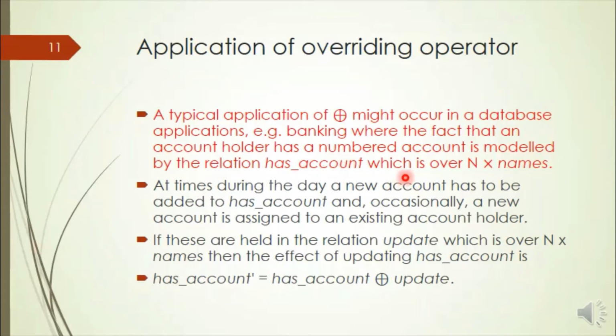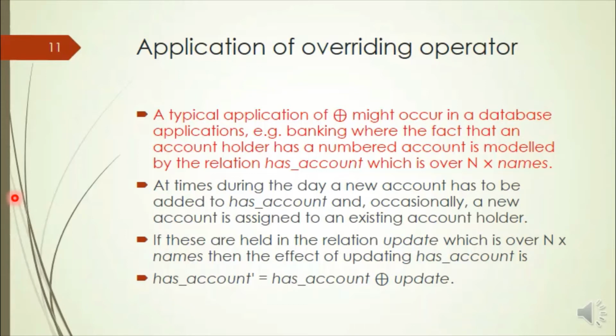The first attribute is a non-negative integer and the second attribute is a name. At times during the day a new account has to be added to relation variable has account, and occasionally a new account is assigned to an existing account holder.